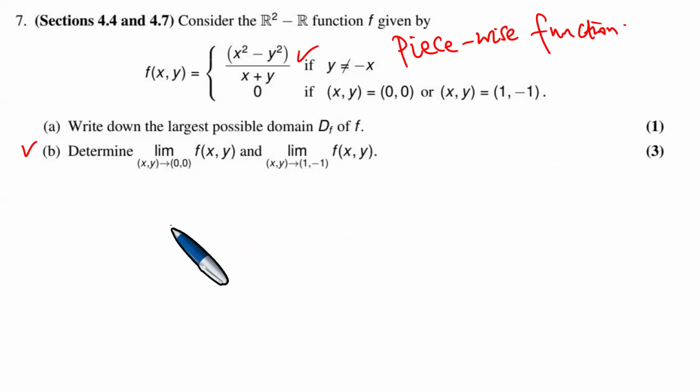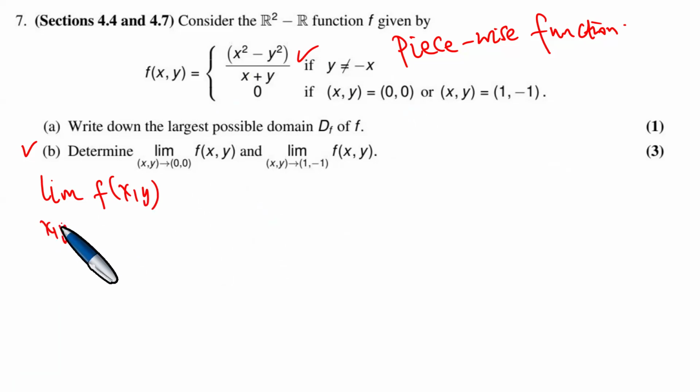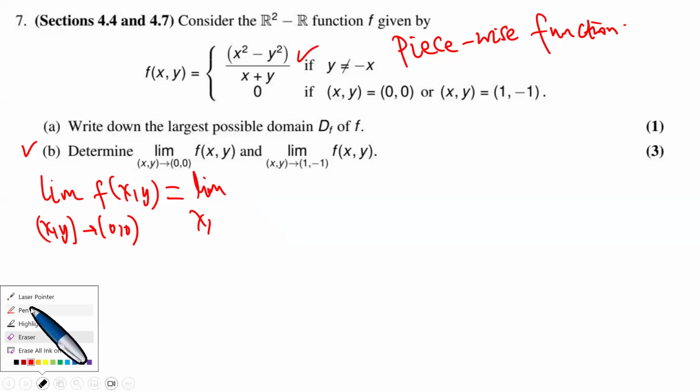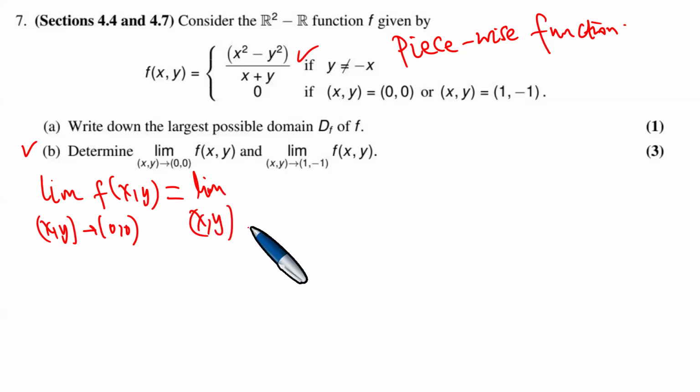We're going to use the top part, meaning that to find this limit, we're going to evaluate the limit of f(x, y) as x and y approach 0, 0.